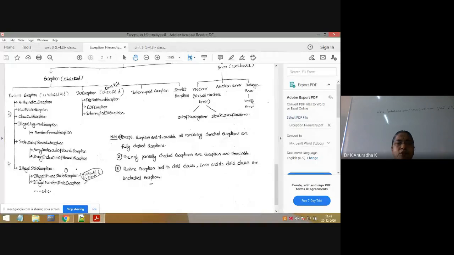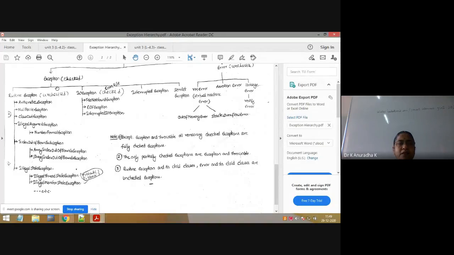How to remember is very simple. Runtime exception and all its subclasses in this hierarchy are the only unchecked exceptions. Totally these are 18 unchecked exceptions. Other than these 18 unchecked exceptions are checked exceptions. That's why if you learn these 18 unchecked exceptions by heart, then you can easily identify whether the given exception is checked or unchecked. That's why please focus on this part in this hierarchy.